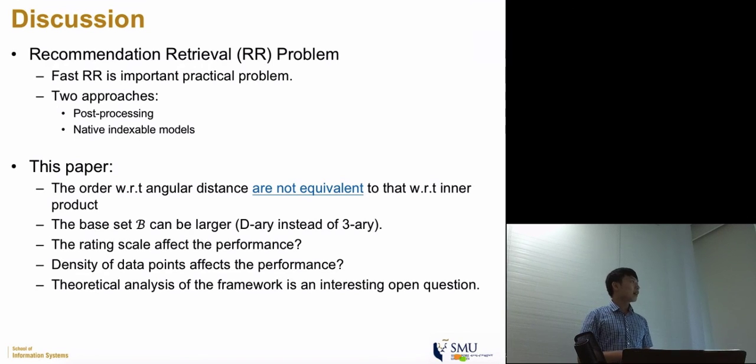And the density of data points on the unit sphere also affects the performance, because if all the points are concentrated around one point, then it is not reasonable to partition the sphere uniformly, right? Because you cannot discard or remove all the points.